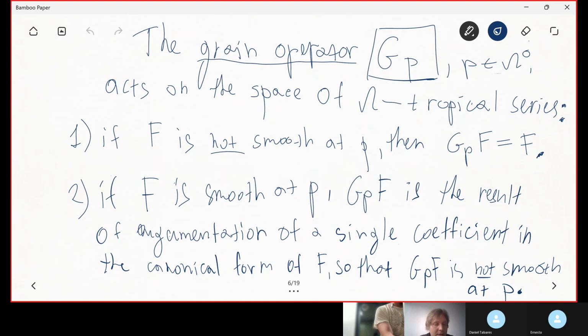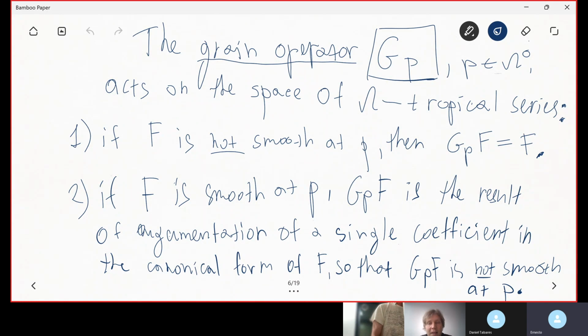And otherwise, if your series is smooth or linear at this point P, then G_P F is the result of incrementing or augmentation of a single coefficient in the canonical form of this F, so that G_P F is not smooth at P. So I'll show a couple of examples, but really, so G_P.